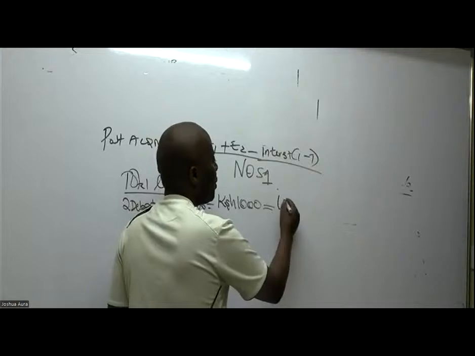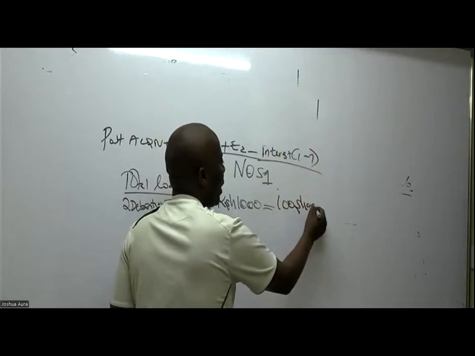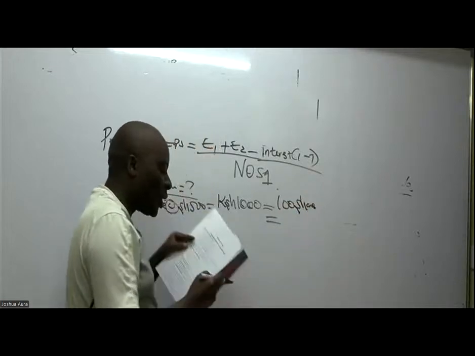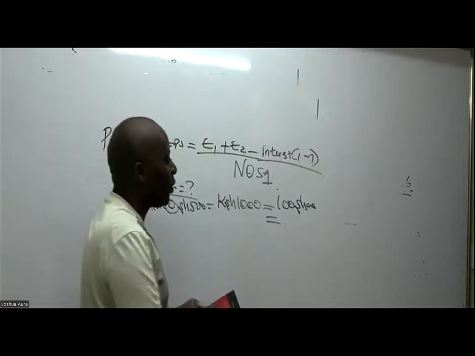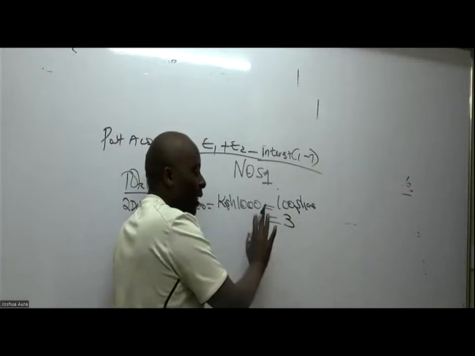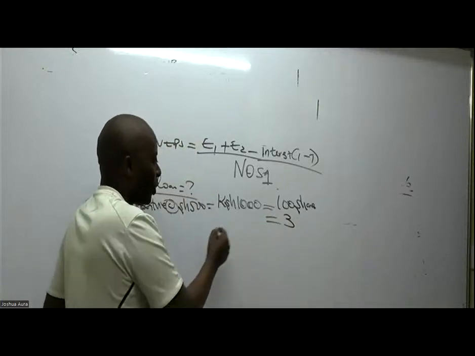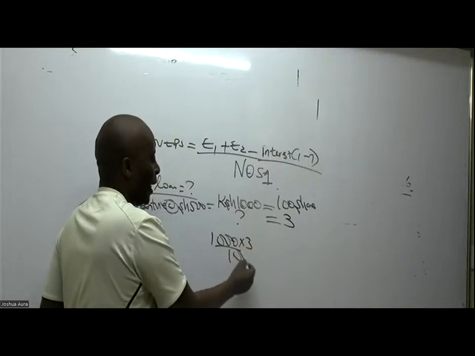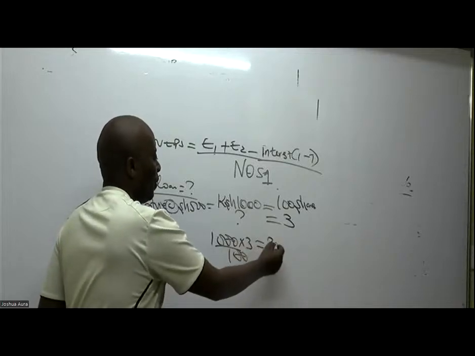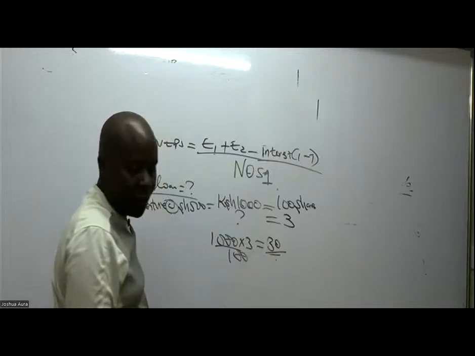Company 2 has 3 ordinary shares outstanding in total. You don't have to introduce the millions, just leave it like that. So this will be equal to 1,000 times 3 over 100, which gives us a total debt of 30.